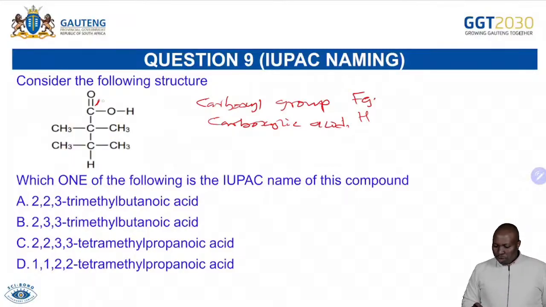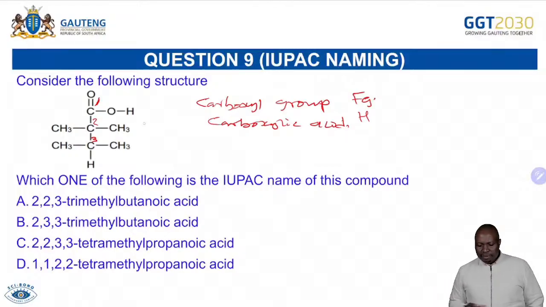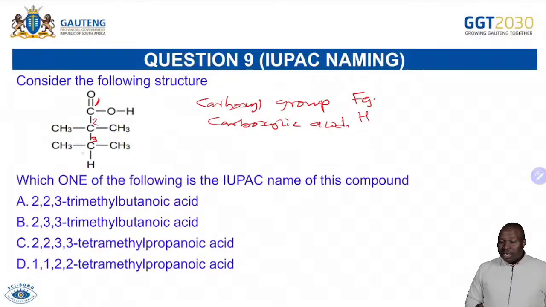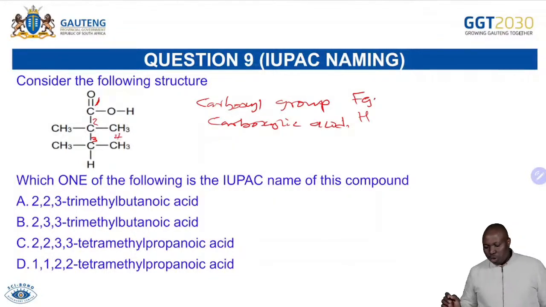And then you are able now to do the numbering of the longest carbon chain, which can be 1, 2, 3. You have an option to go to the left or to the right. It's the same, it doesn't matter, because the chain is the same. It's only one carbon on the left and the right, but the structure doesn't end there. You can end it on the left or on the right, it is still the same. I chose to go that route. So you're able to see that this is 1, 2, 3, 4.